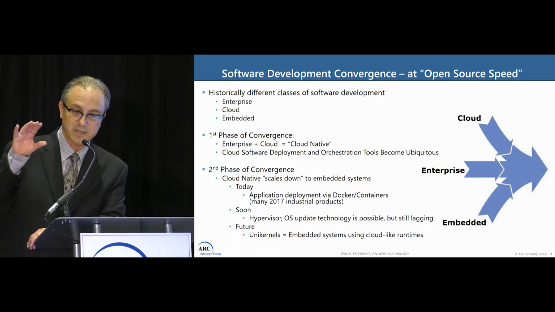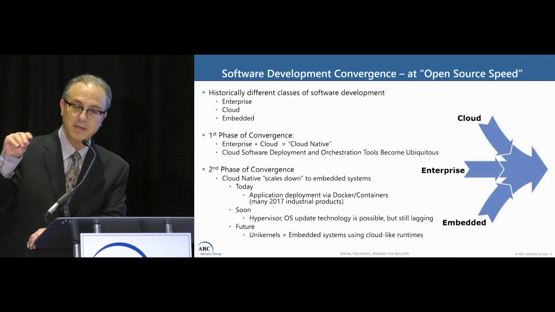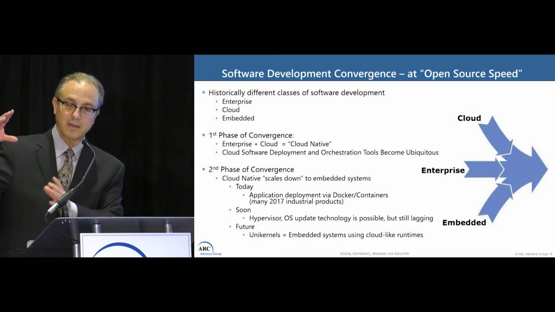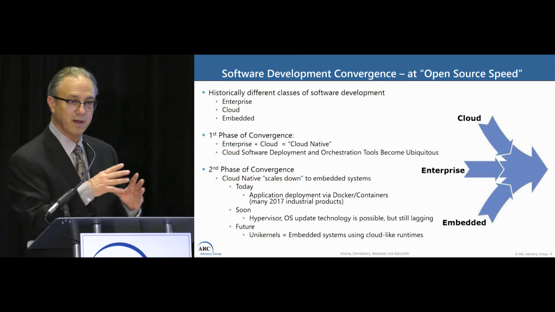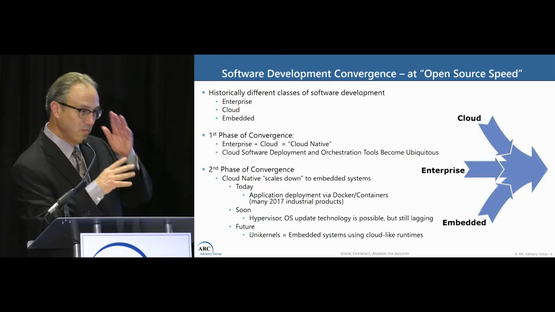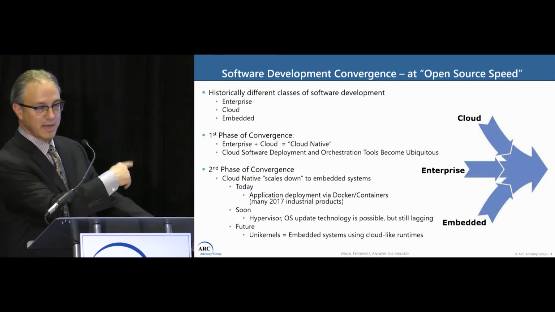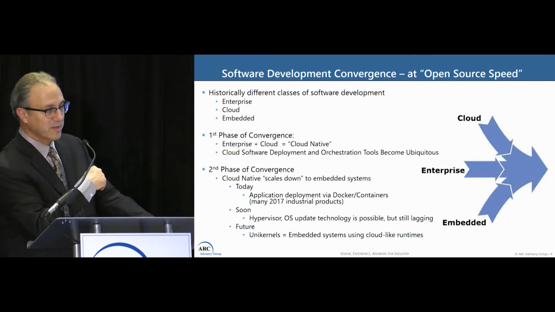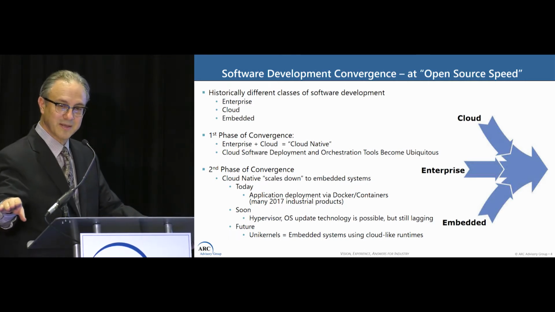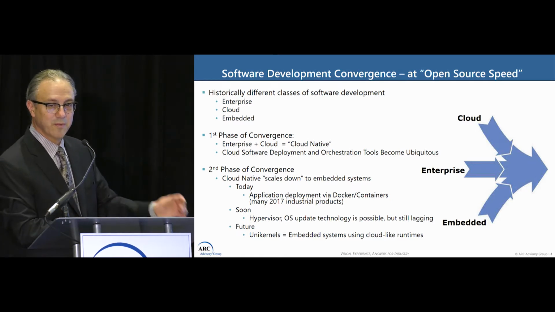The kind of technologies that people are using in cloud computing have already been shown to scale down to very small footprint systems. So we see this now in the edge products that I'll show in a couple slides, but the limit has not anywhere near been reached now.